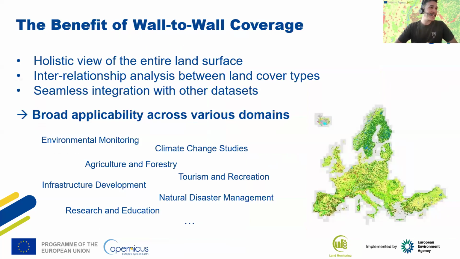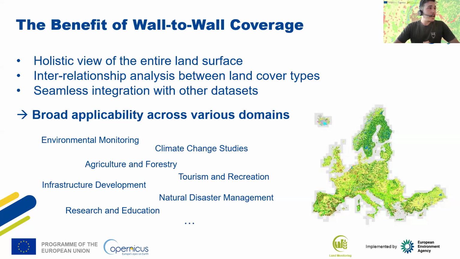Okay, this was the slide I was waiting for. So there are actually quite a few benefits to the wall-to-wall coverage of Backbone. Wall-to-wall being the coverage of a certain geographical area with no data gaps or missing data. So in the Backbone's case, as we've already mentioned, this covers the EEA 38 plus the UK and the French Overseas Department.